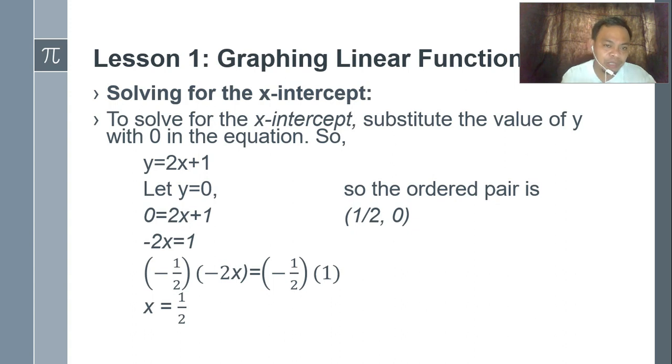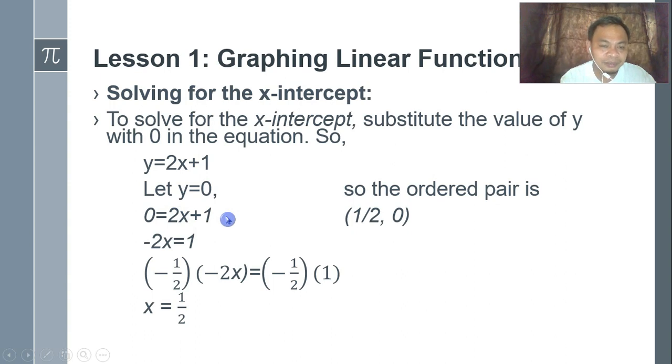Let y is equal to 0 so that we can get the value of x, because only one variable is left, which is x, when y is 0. So it becomes like this: y is equal to 2x plus 1, our function. Then we will let y is equal to 0. Since y is equal to 0, it becomes 0 is equal to 2x plus 1.